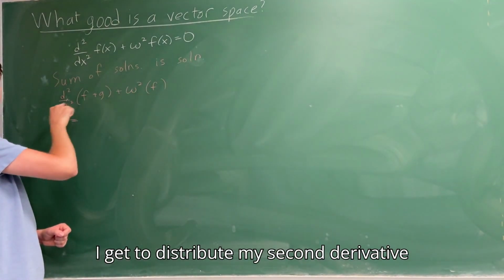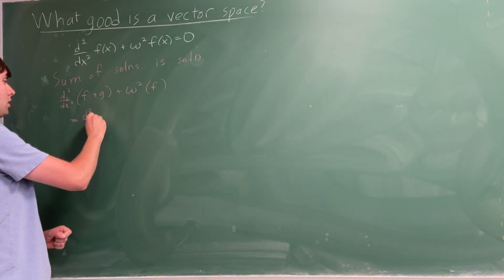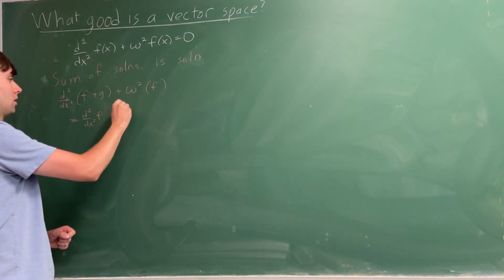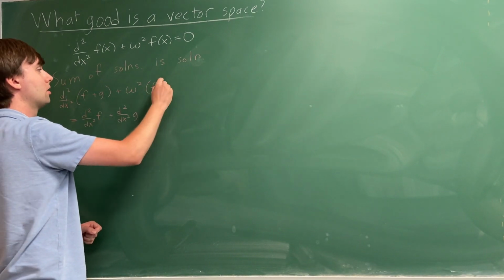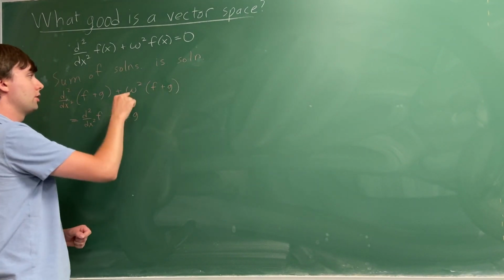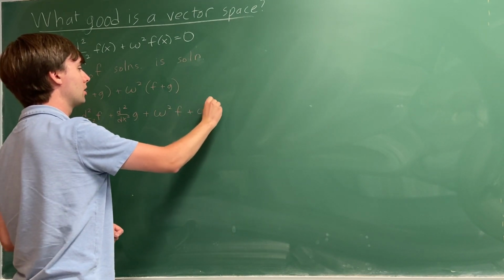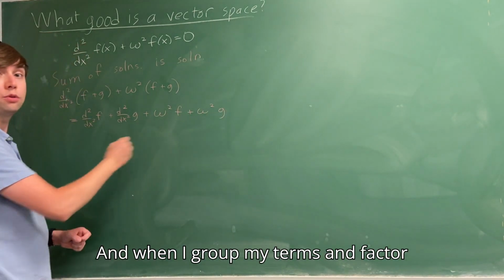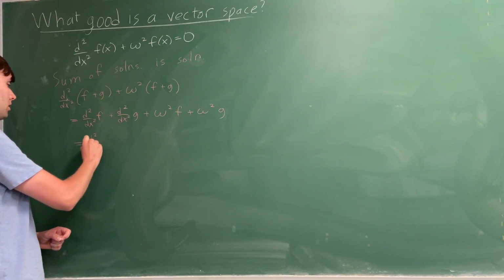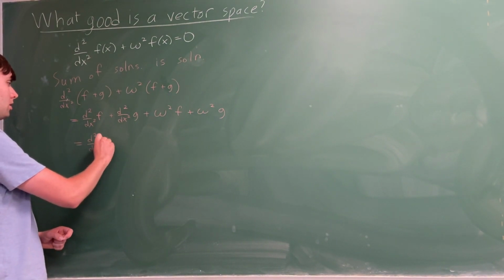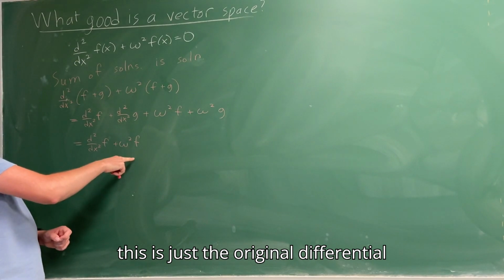I get to distribute my second derivative across both of these terms. Distribute the omega squared across both of those. And when I group my terms and factor things back out, this is just the original differential equation.